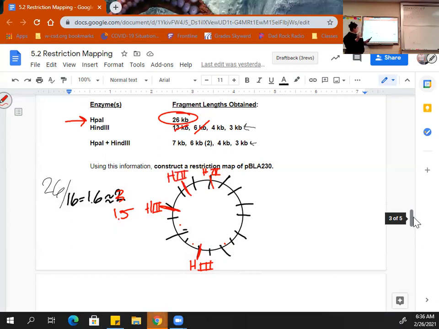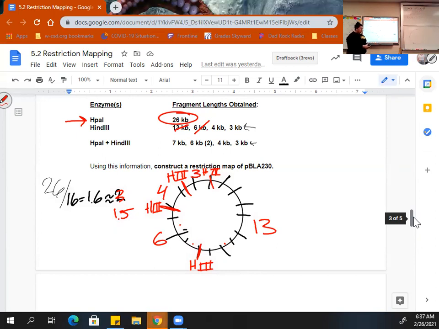So these numbers don't work out completely, but that's okay. So we end up with our last one being just under 3. But essentially we have our 13, our 6, our 4, and our 3.